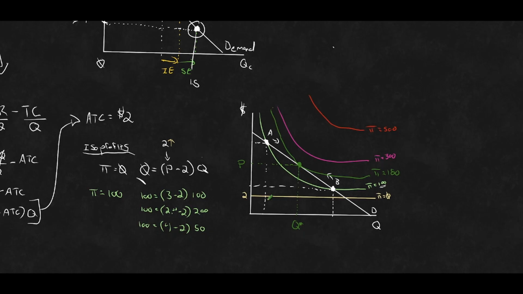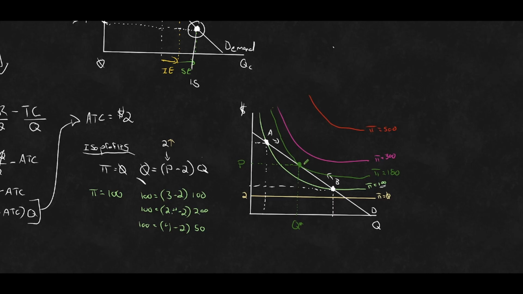These are the possible combinations of P and Q available to us. Given that feasibility set, we're constrained by those Ps and Qs. What is the highest possible level of profit that we could obtain given that? And that is where the feasibility set just touches our isoprofit.